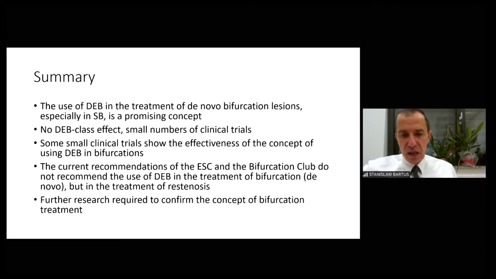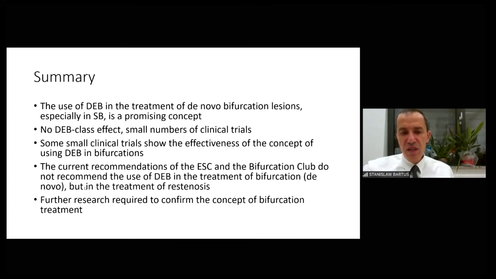Of course, this concept needs further investigation, further studies. However, I believe that not all bifurcations can be treated with drug-coated balloons only. Of course, we don't have a good recommendation from ESC or the Bifurcation Club for the use of drug-coated balloons in bifurcations.